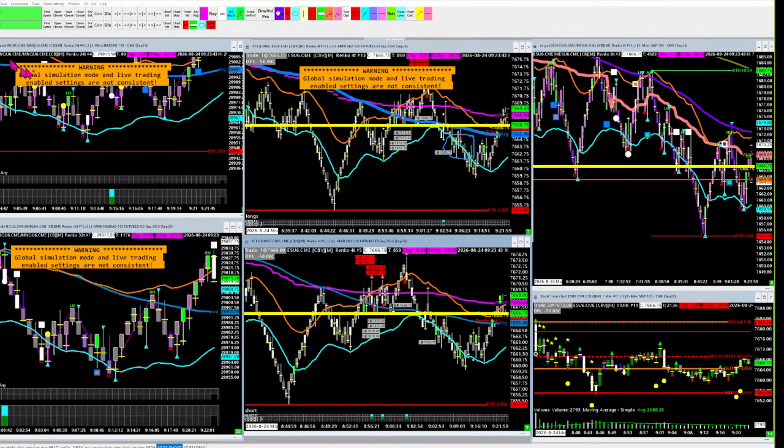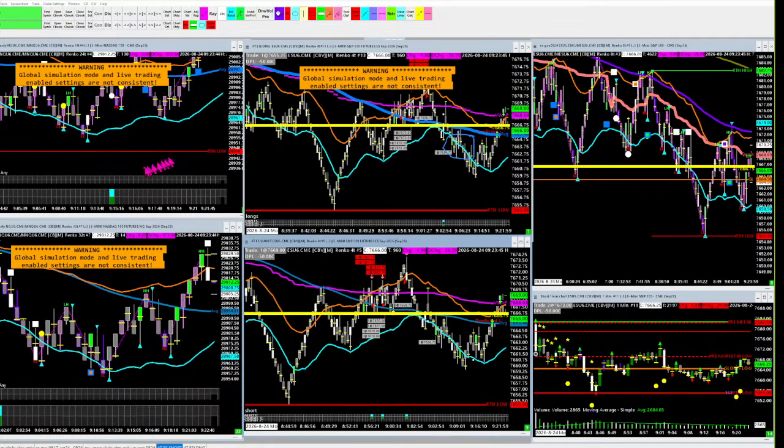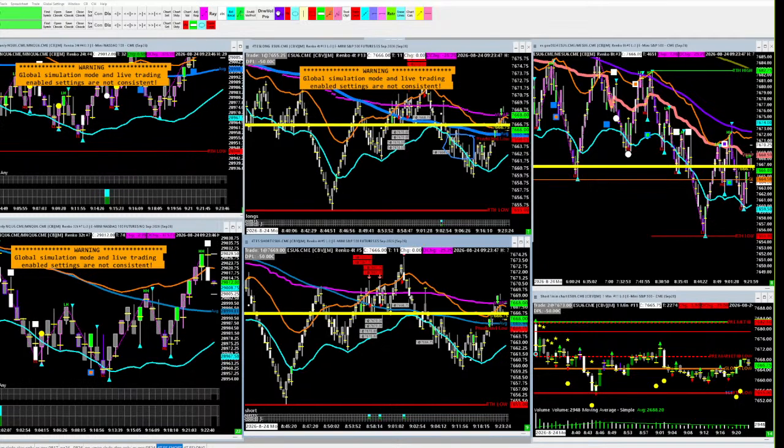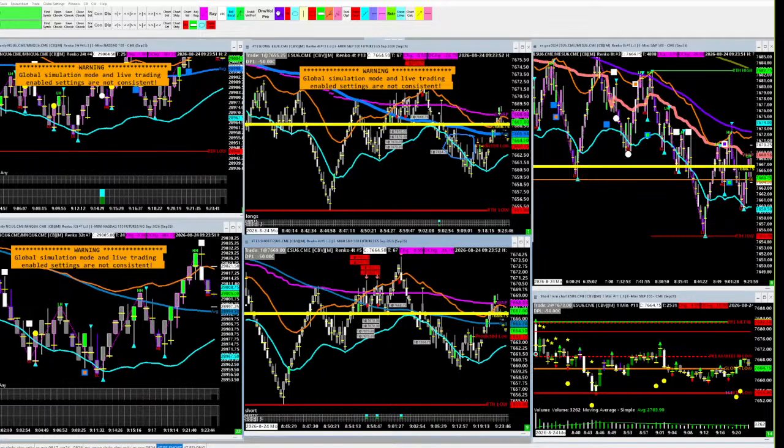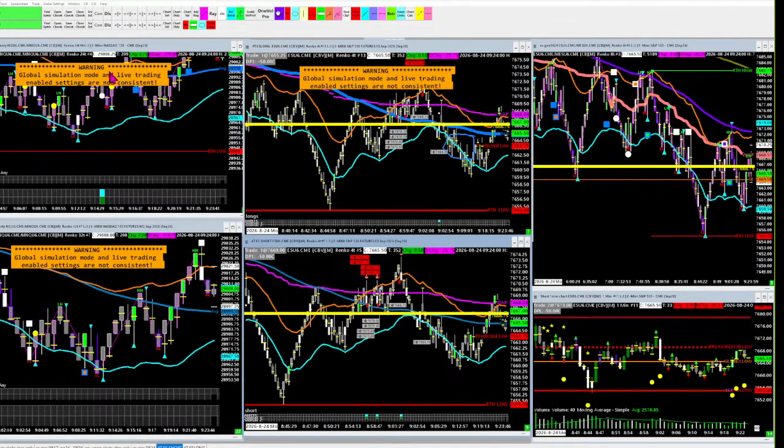I'm just waiting for my algos to fire. You're above the 100 period moving average on NQ on the 32 tick and the 24 tick.